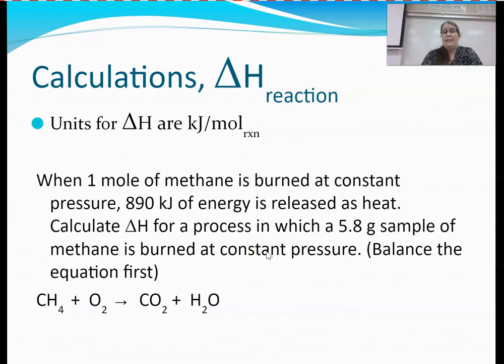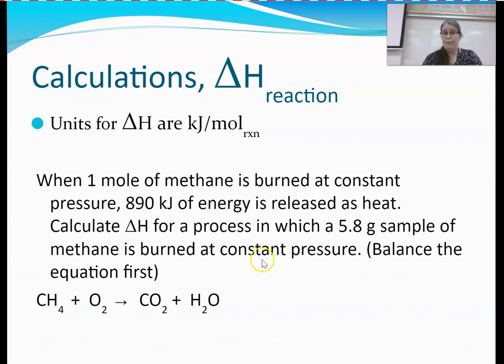So oftentimes when we see this, we will see this with a particular unit, kilojoules per mole reaction. So we need to think about, what does this unit mean? Obviously, kilojoules are a unit of energy. And the mole of reaction is actually pretty simple.